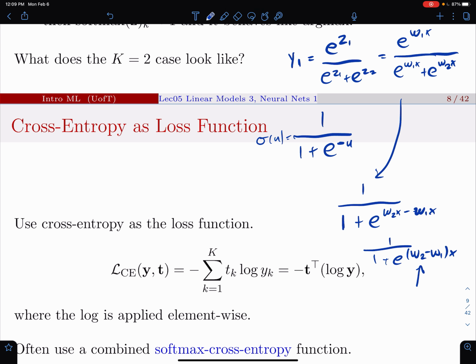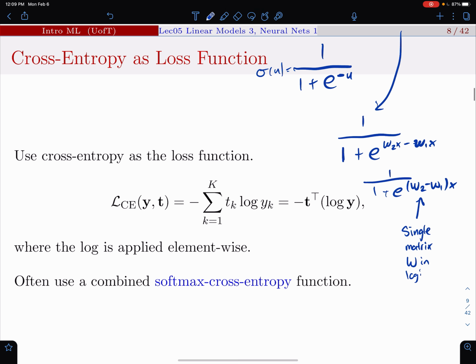So in logistic regression, we just learn a single matrix W. But if you're dealing with a general multi-class case, you can also approach it this way, where you're learning a vector associated with each of the classes. Any questions?